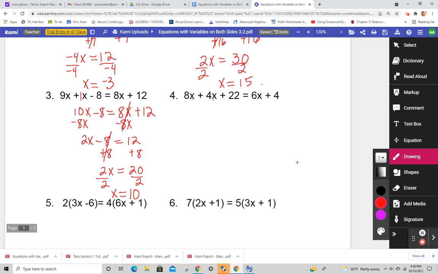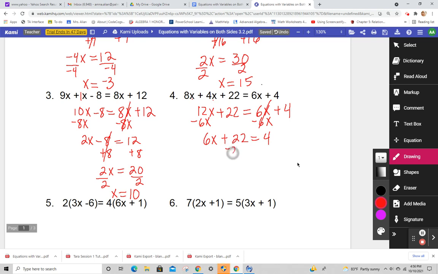8x plus 4x will give us 12x plus 22 equals 6x plus 4. Now we can get all of the variables on the same side. So I'm going to subtract 6x from both sides. I'm going to have 6x plus 22 equals 4.